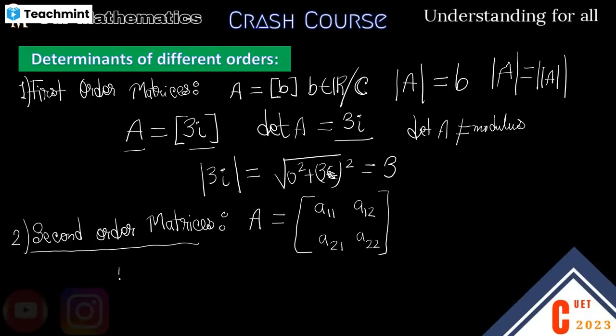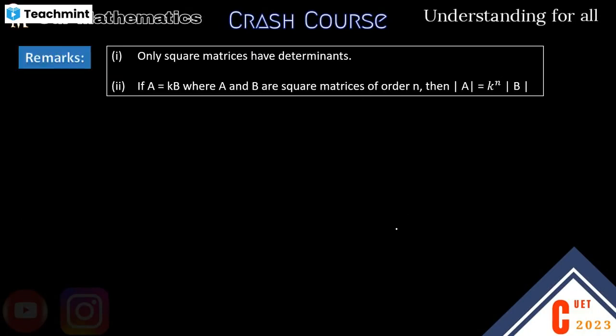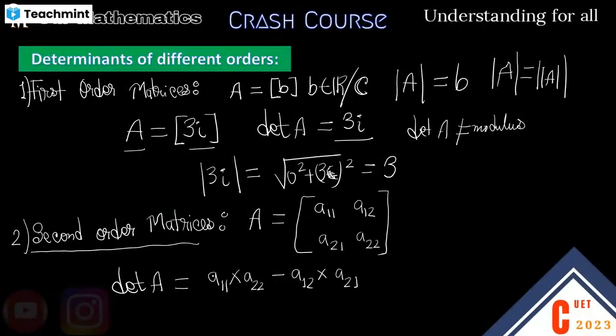Then determinant of a is defined as a11 into a22 minus a12 into a21, okay. And then comes, okay, this is how determinant of second order matrix is defined.